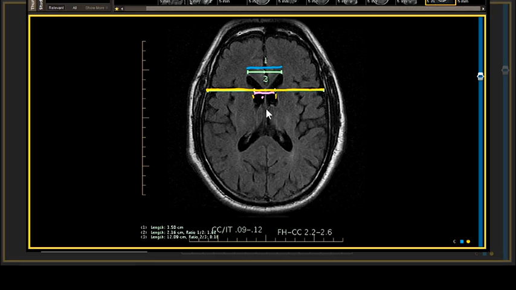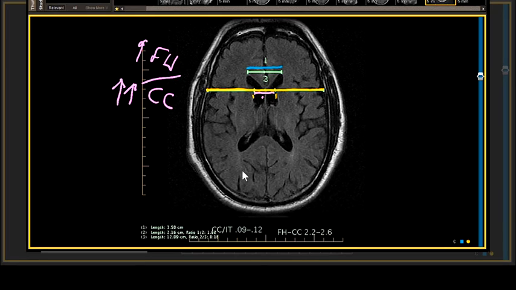The other ratio that's used is the frontal horn distance divided by the intercaudate distance. Now, since the intercaudate distance is in the denominator, so it'd be frontal horn over intercaudate distance, as this number goes up faster than the widening of the frontal horn, so this will get greater, but this will get greater faster, this ratio is going to go down.